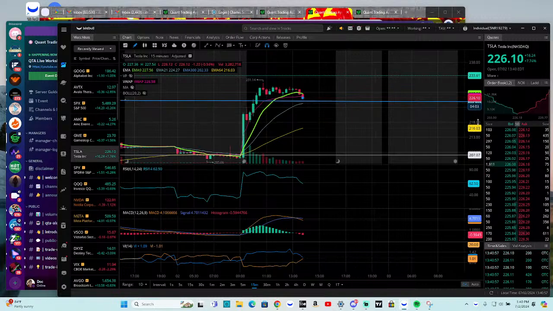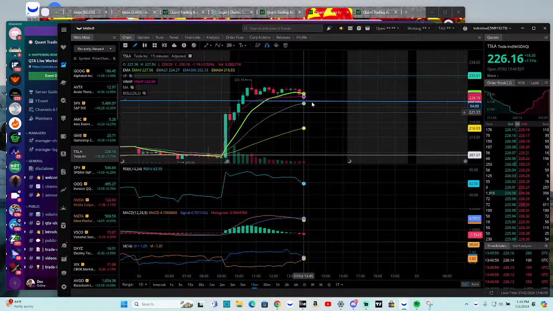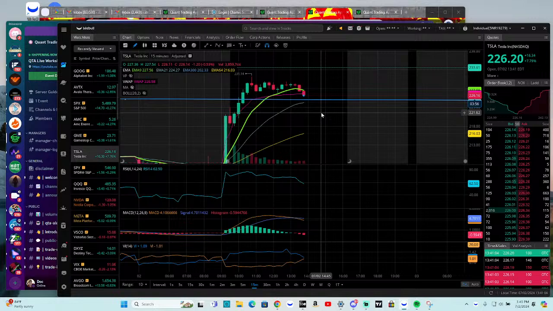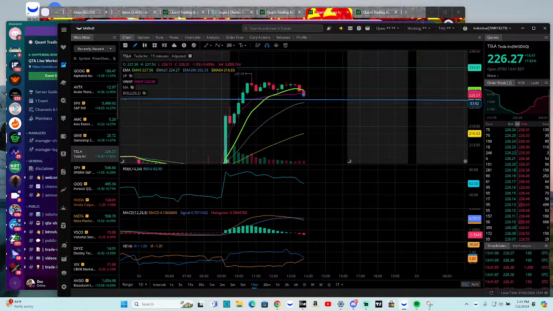But as we're watching Tesla's price action navigate these levels, I'm wondering what the sentiment is looking like on our GEX.